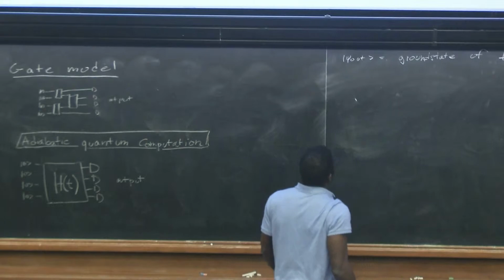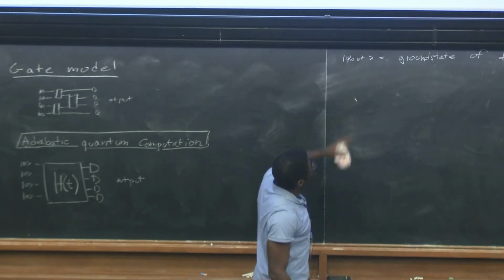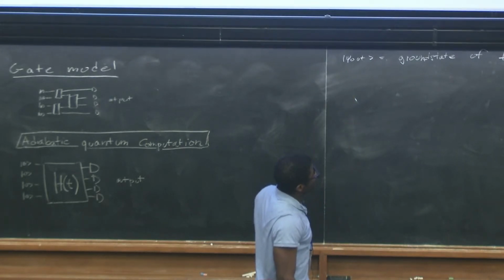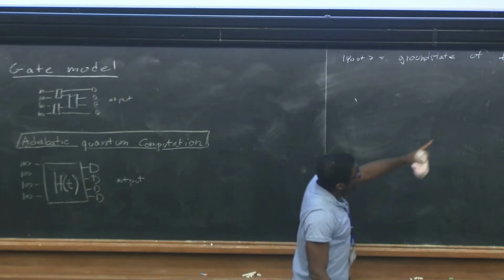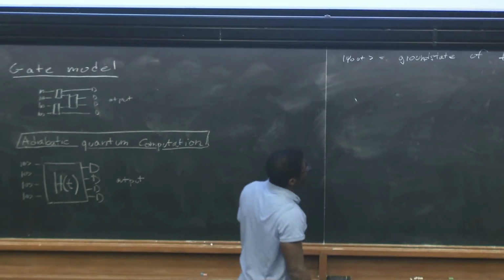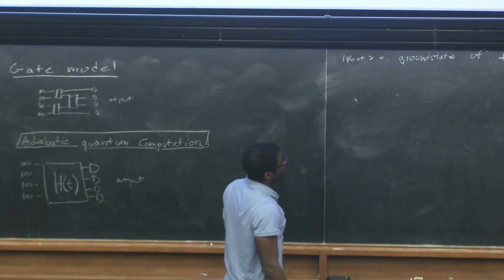So we want the output to be more or less the ground state of a final Hamiltonian, and we want the ground state of this final Hamiltonian to encode the problem.